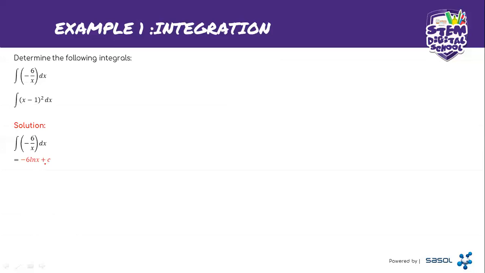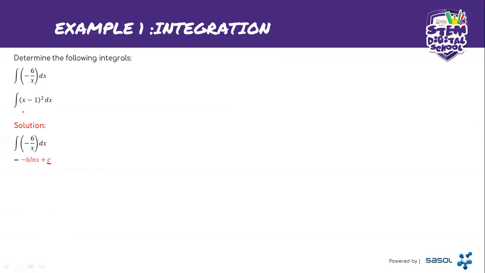After you have integrated, don't forget to also include what? The c. So every time when you integrate, you also include plus c. It's very, very important. And they sometimes give you a mark just to write plus c. So my dear learners, don't forget to write that. After you just apply the integration, you just have to add c, okay?